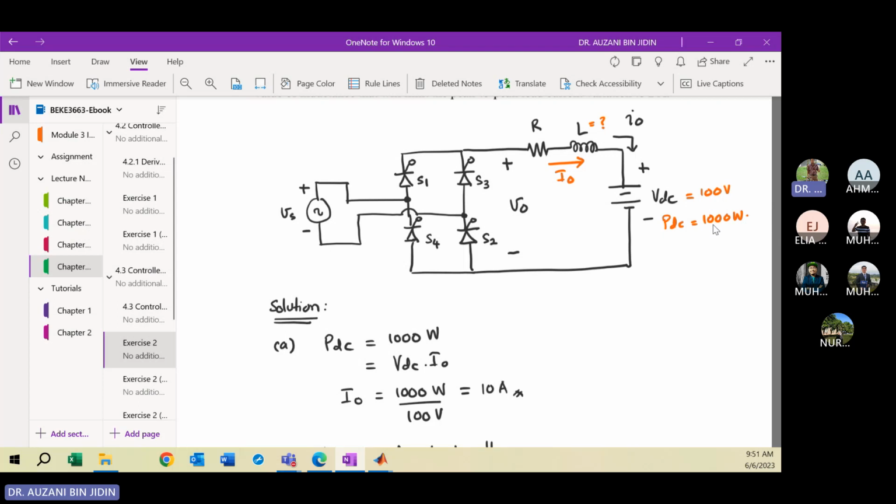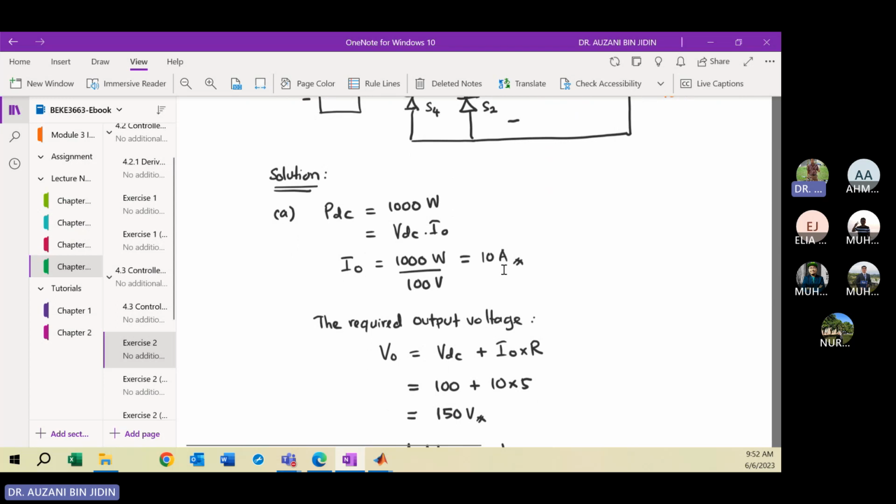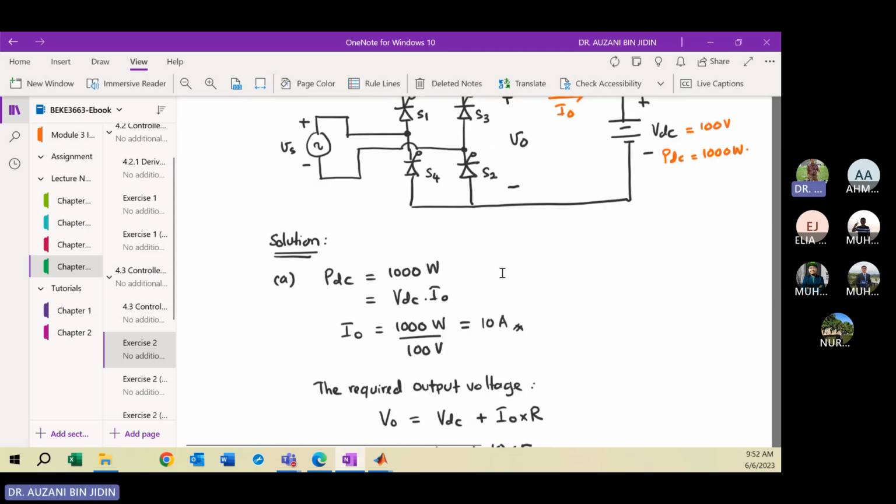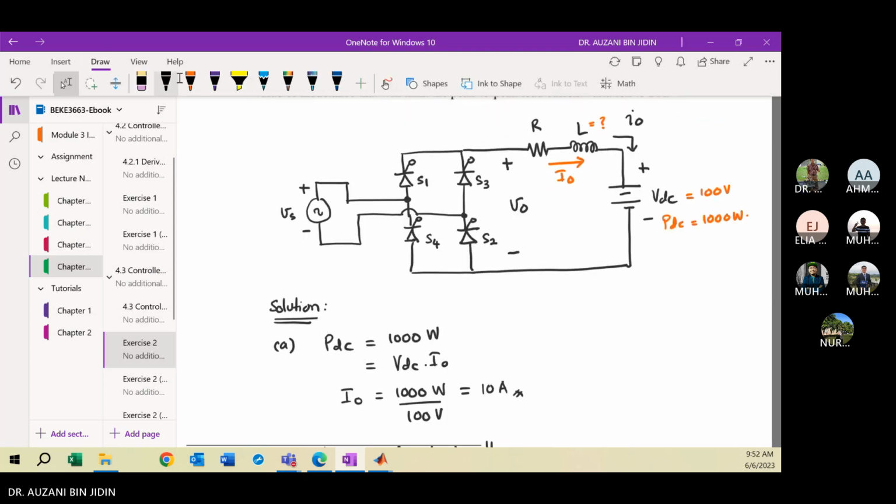Very straightforward, you get 10 ampere. Then you need to calculate the output voltage produced from the rectifier, the VO.